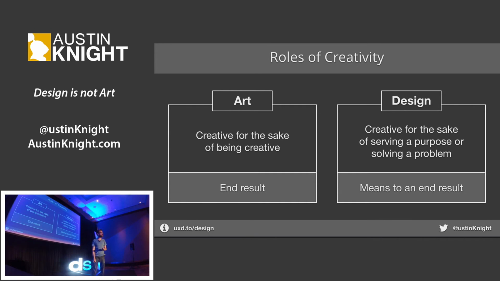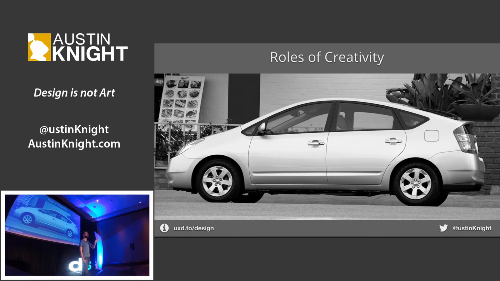To give you a little bit more of a tangible example, if I were on the Toyota Prius team, and I were tasked with creating the next Prius, and I were thinking about how we introduce more creativity into this design. That's something that people like, that's valued in design. And a great way to introduce creativity is to do something unconventional.